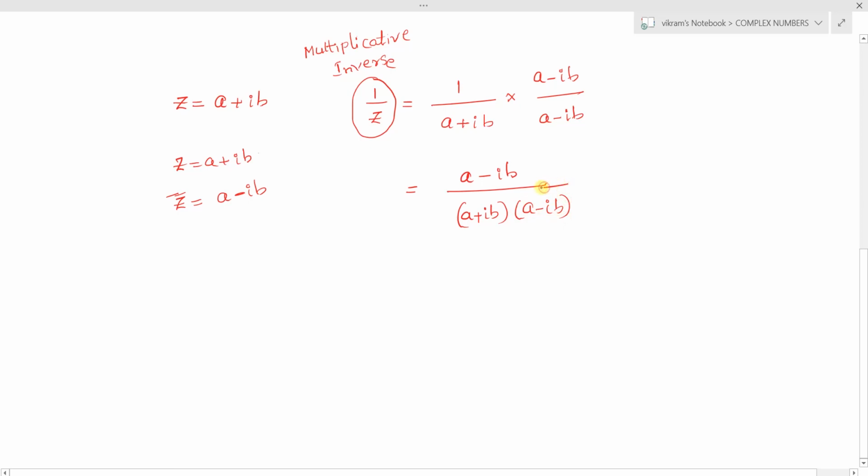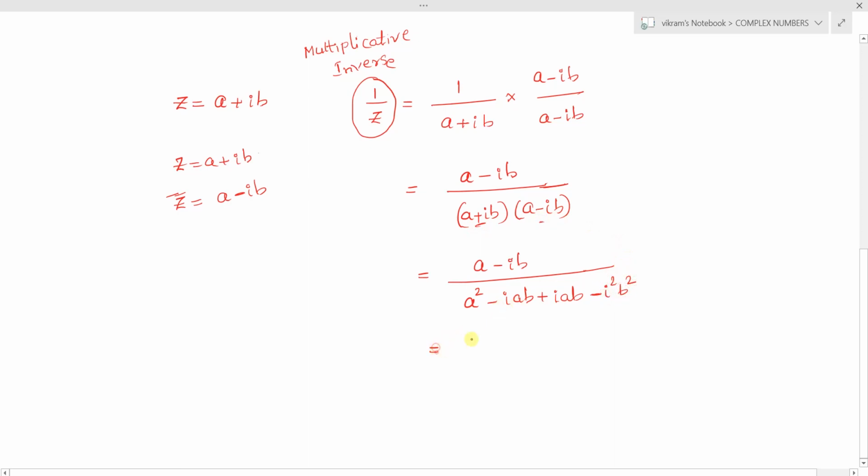We know complex number multiplication, so this equals a minus ib by a square, minus i times ab plus i times ab, and next minus ib into ib. Minus and plus cancel, and we get minus i square b square.